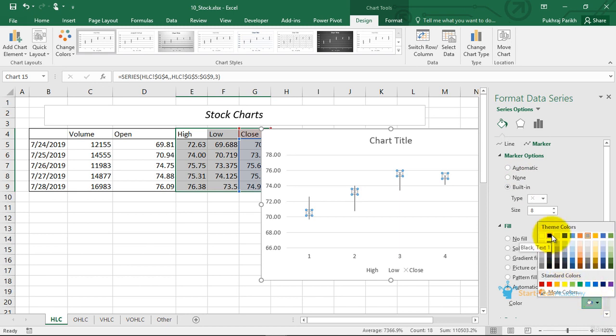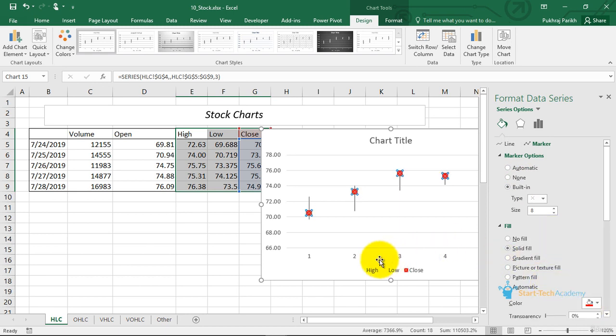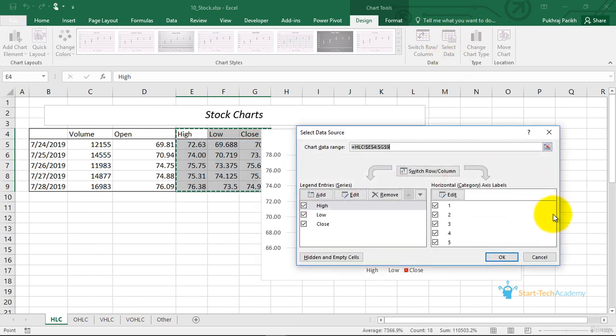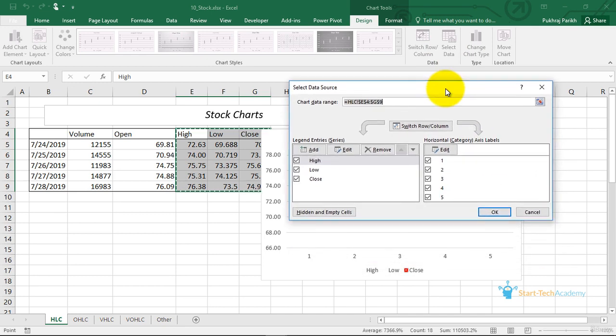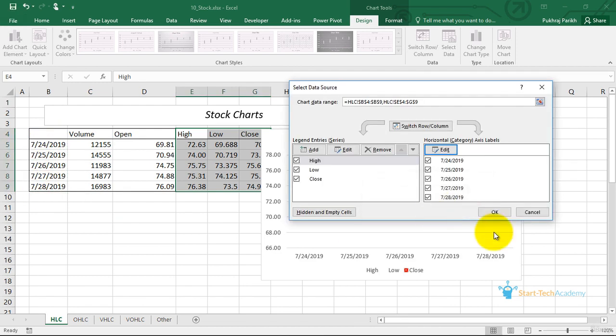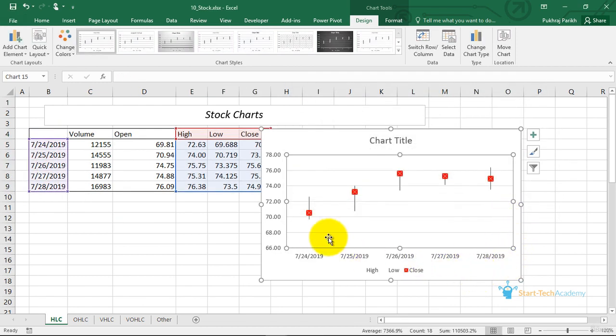You can change the color of the marker also. Also on the horizontal axis, that is the x-axis, we have 1, 2, 3, 4, 5 written. Instead, if you want the date to be written there, you will just edit it and select the series which you want to show. So now we have the dates, and for each date we have the lowest, highest and the closing value of the stock.